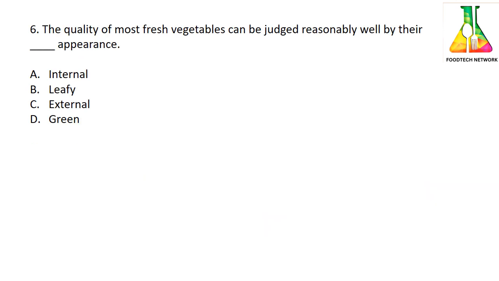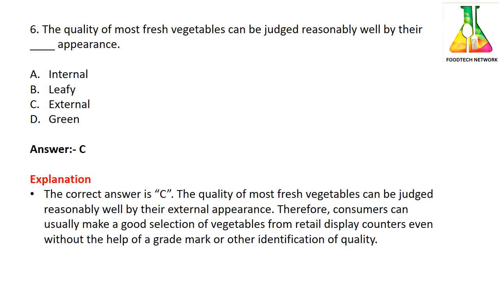fruits. 6. The quality of most fresh vegetables can be judged reasonably well by their dash appearance. Option A internal, option B leafy, option C external, and option D green. It is option C, that is external appearance.